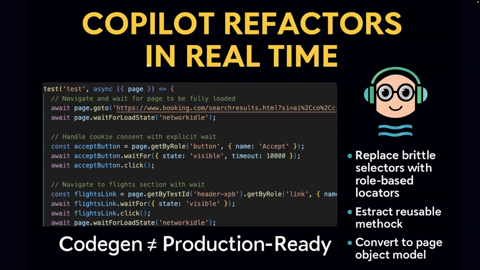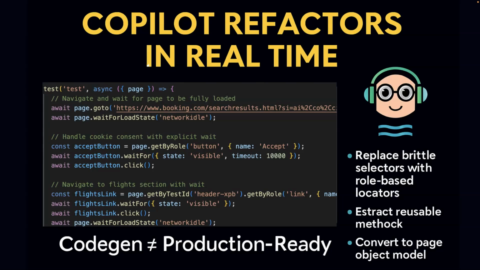So it will do everything you want from a production-ready script. CodeGen can generate code for you, but it's not production-ready code. For that, you require the AI GitHub Copilot so that it can clean up all the mess which is not required.